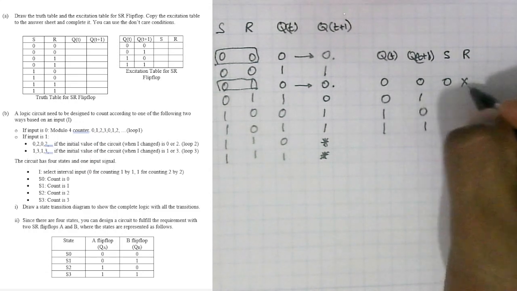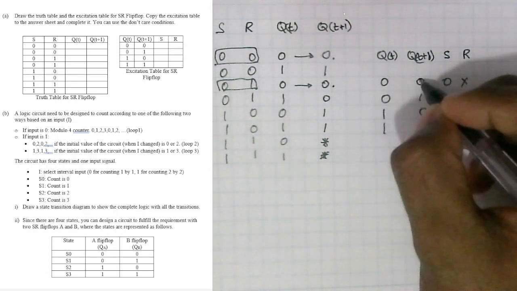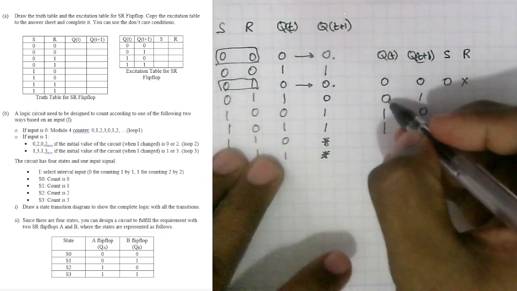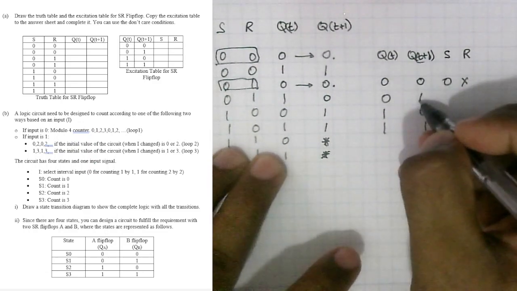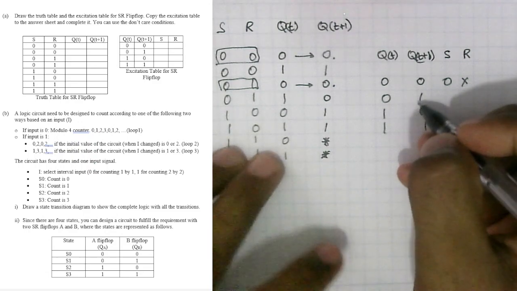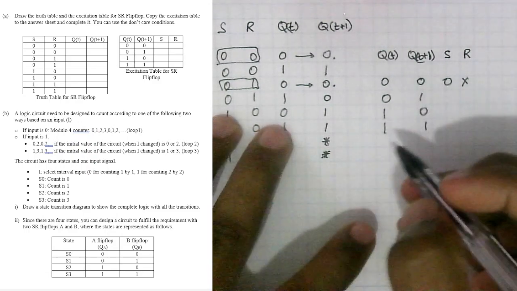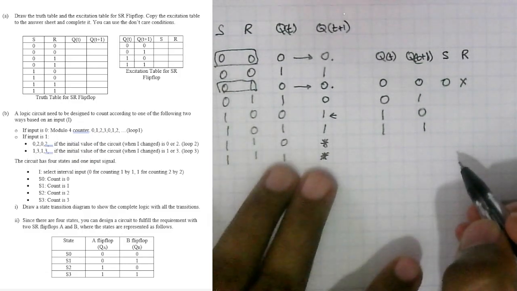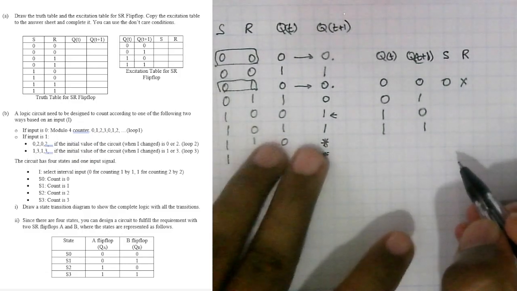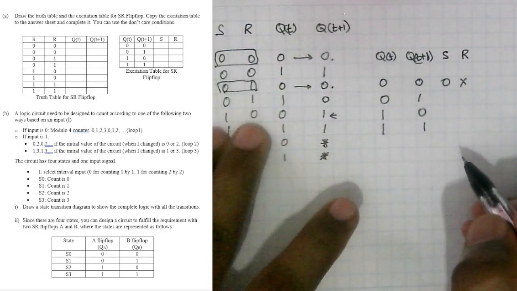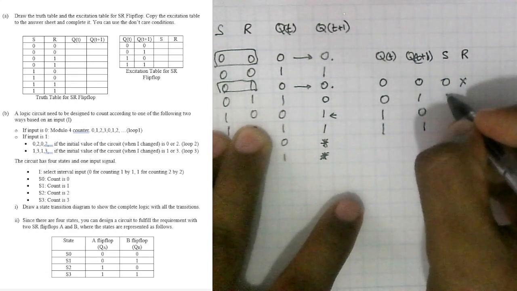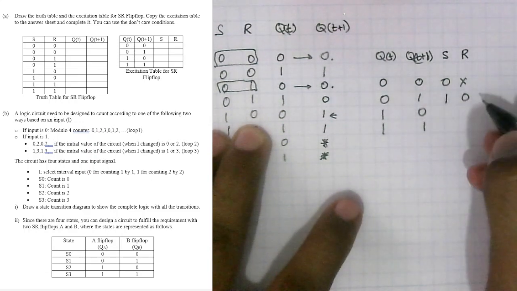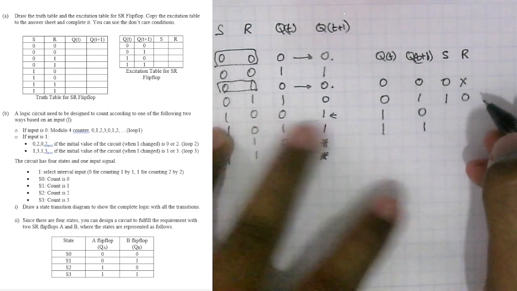By doing this, if S is 0, R does not matter, we will go from 0 to 0. Okay, if Q is 0 and we need Qt plus 1 to be 1, where do we have that? Here we have a 1, right? There is nowhere else. So we need to use this configuration. There is no option. So S must be 1 and R must be 0 in order to go from 0 to 1.